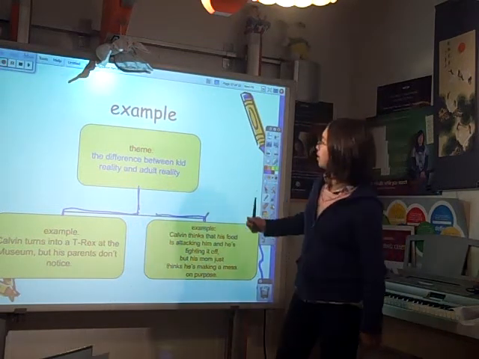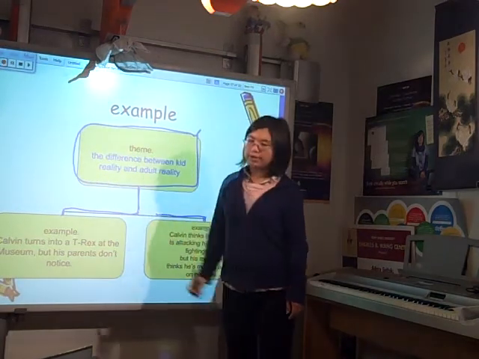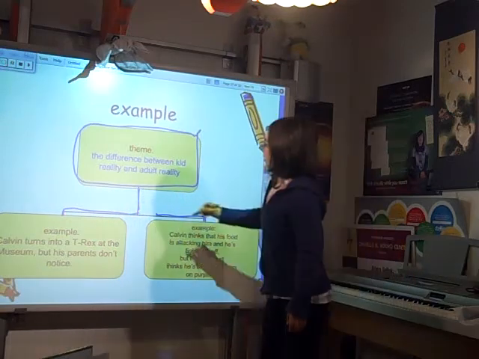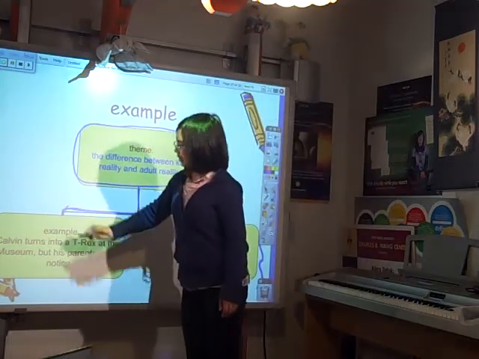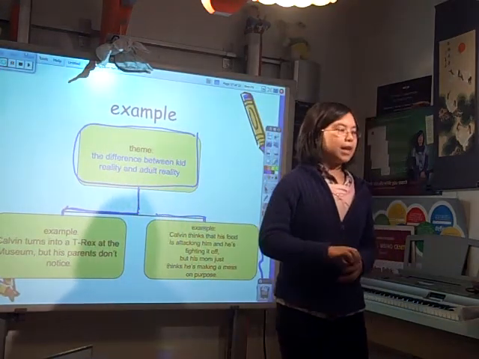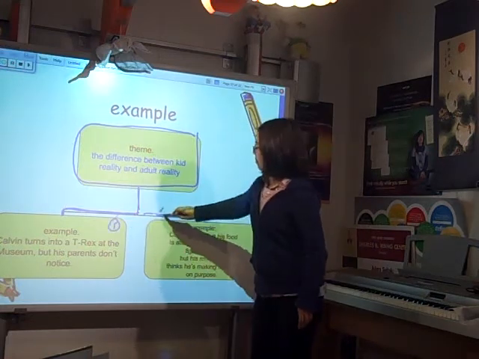So you want to draw this nice big bubble at the top and write in your theme. For instance, choosing between what is right and what is easy. Use some examples to back that up. In the book Thief, it might be the example of the family hiding the man in their basement. That would be one example. What might be another example of that theme?